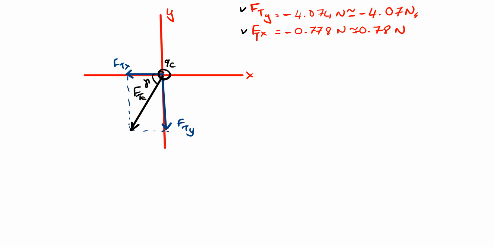F total is equal to, from Pythagorean, the square root of F total x squared plus F total y squared. That's it. And here is why: when we draw this parallelogram, this is the x component, this side is actually the y component.